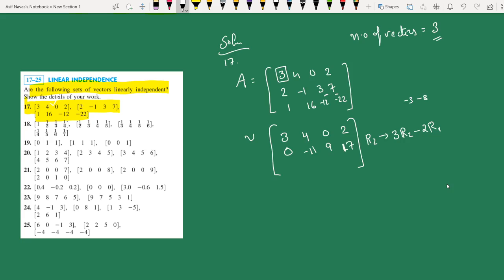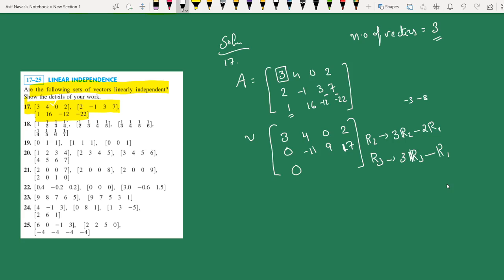So now you have to convert this into 0. What is the operation? 3R3 minus R1. So this is 0.